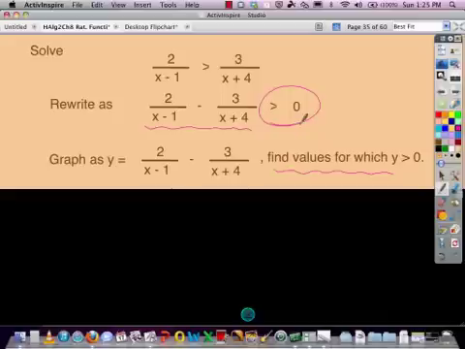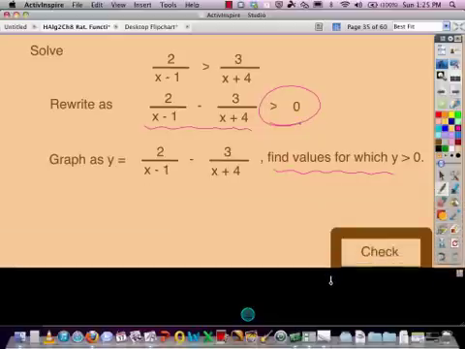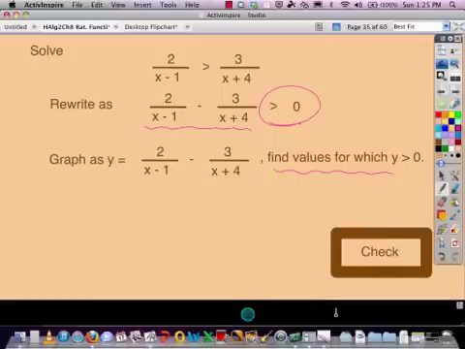So find the graph of 2 over x minus 1, subtract 3 over x plus 4, find the values for which that entire graph is greater than 0, just greater than 0, because our sign is just greater than here. It is not an or equal to sign. So I would like you to take a look at our graph of this.